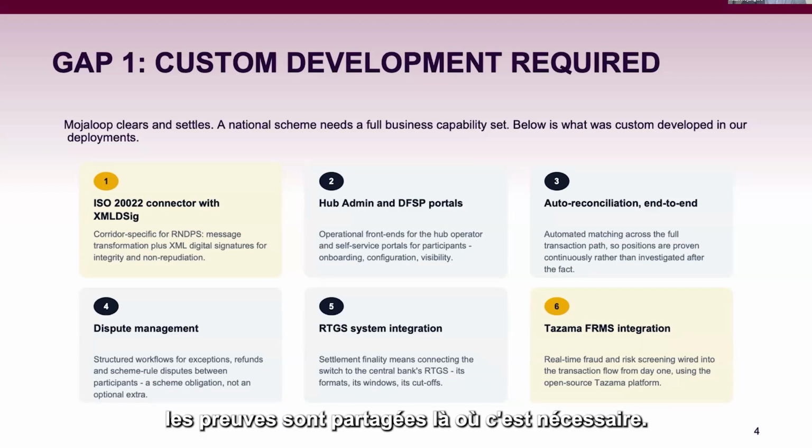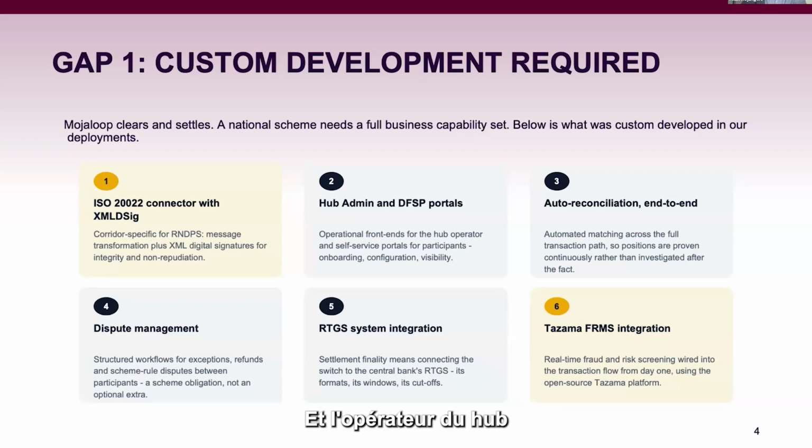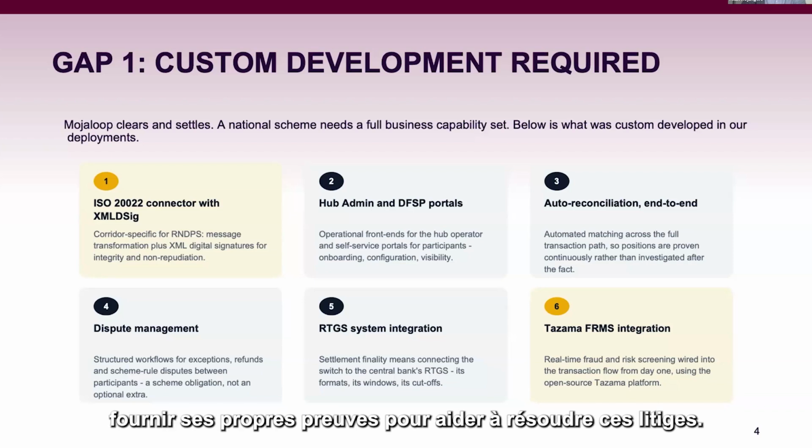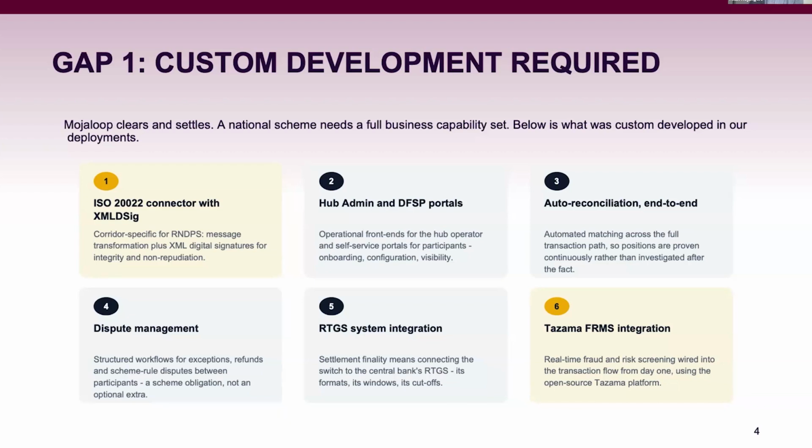Evidence is shared where it's due, and then the hub operator sees all this, can chime in and provide guidance, and provide their own evidence to help resolve those disputes.